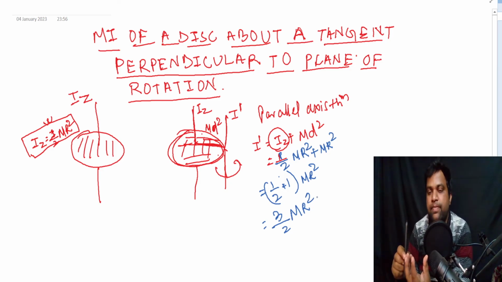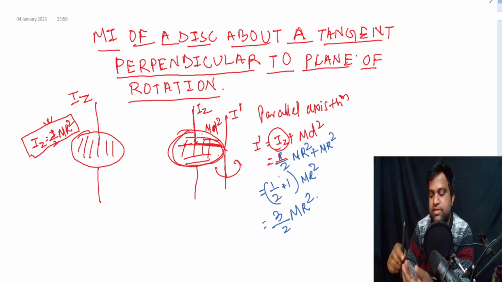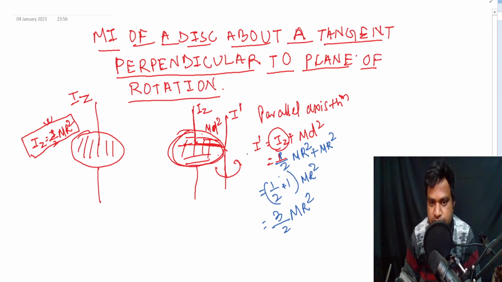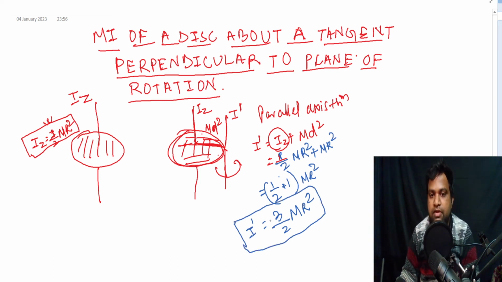Suppose this is a disk, so it is rotating like this about this tangent axis which is tangent to the disk, right? So we can use the parallel axis theorem and easily we can find out the moment of inertia about an axis that is tangent to the disk and perpendicular to the plane of rotation, right?